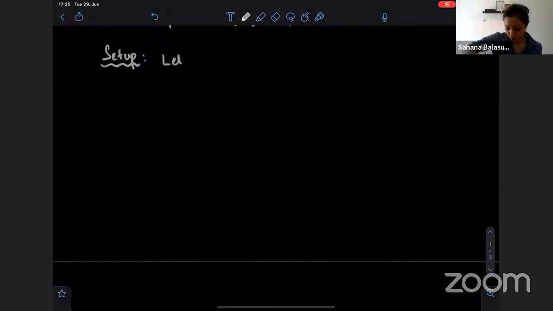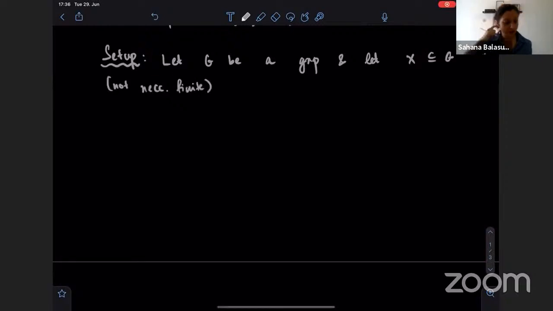Let G be a group, and let X be a subset of G, which again is not necessarily finite. Suppose that we have a collection of subgroups indexed by some indexing set I. I make no claims about whether this is even countable or uncountable; it's just some indexing collection.